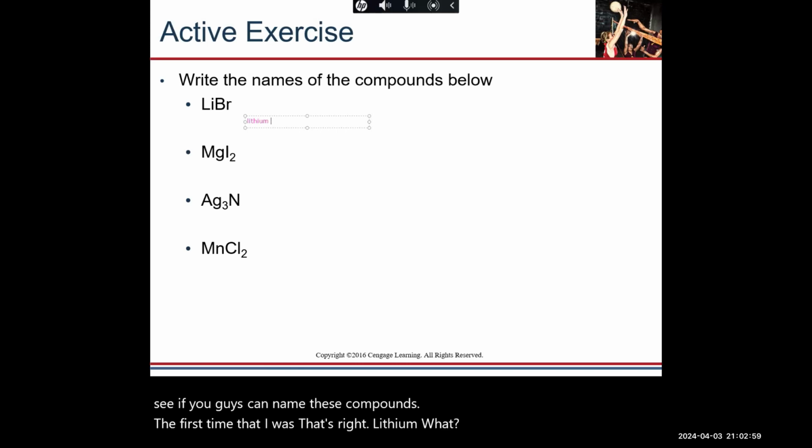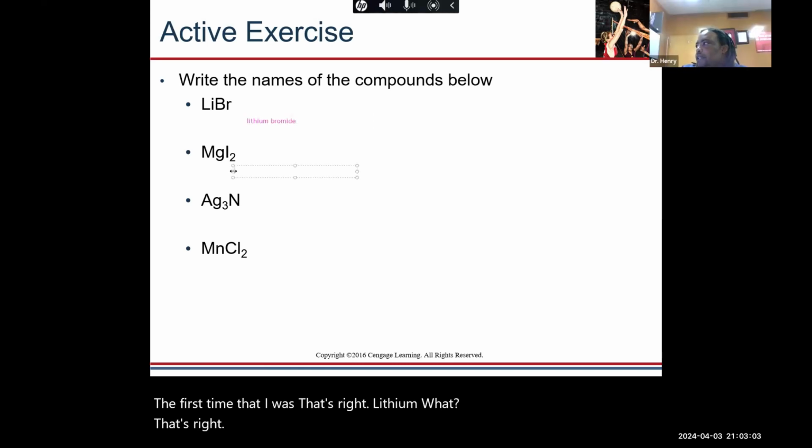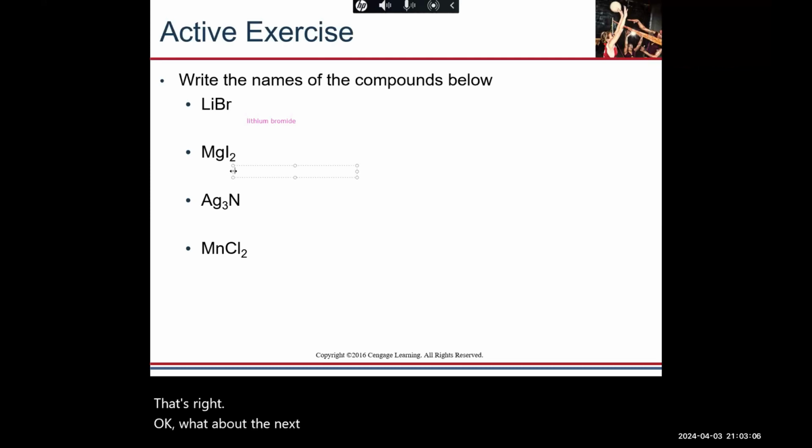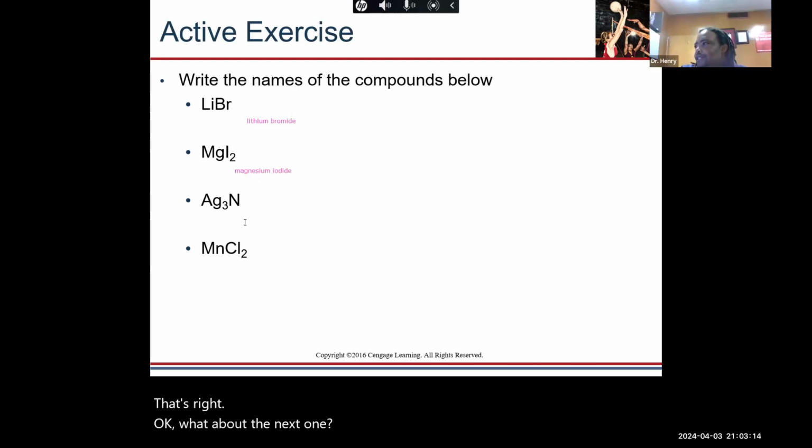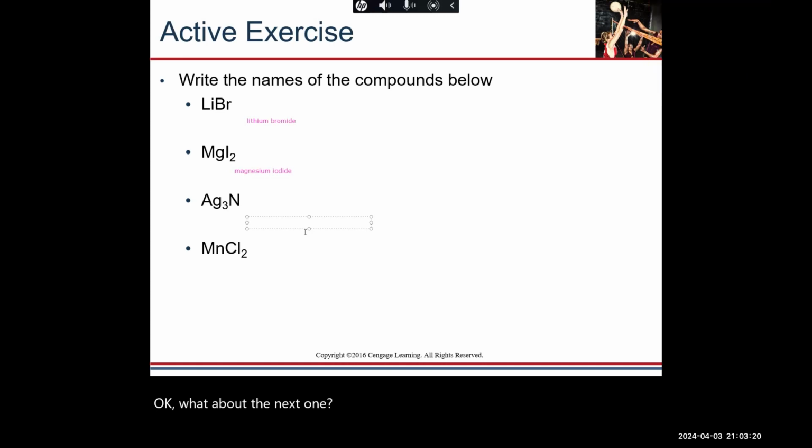That's right. Okay. What about the next one? Magnesium iodide. Okay, what about the next one? Silver nitride.